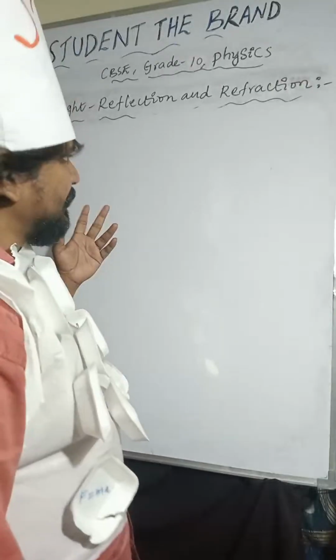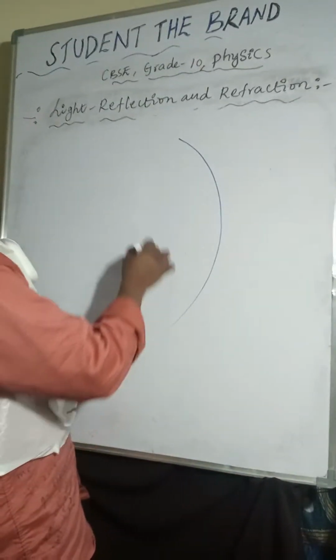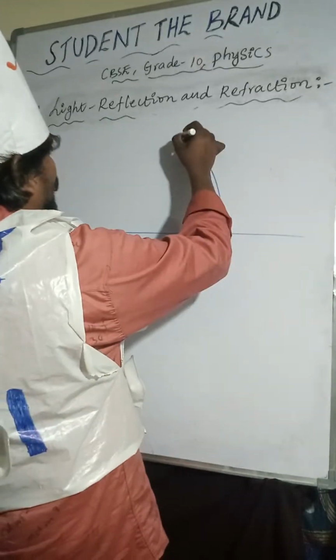Sign conventions we have to discuss first. Sign conventions are very important. After that, mirror formula and lens formula.